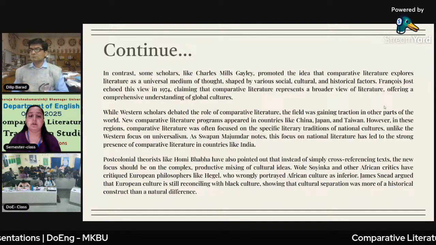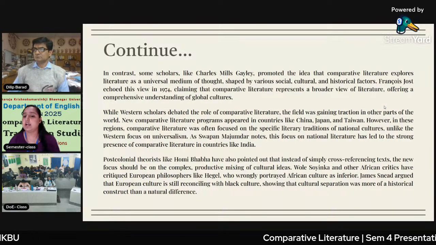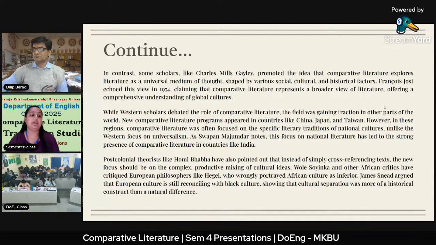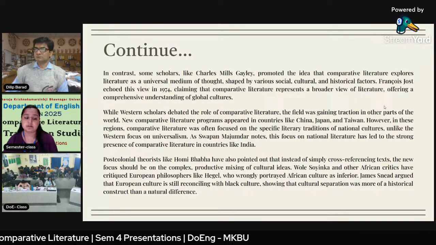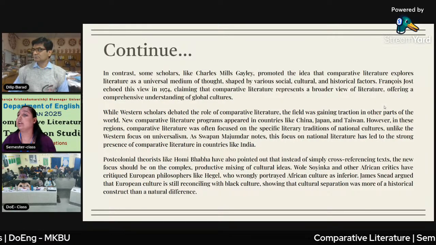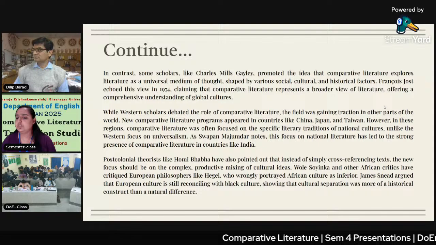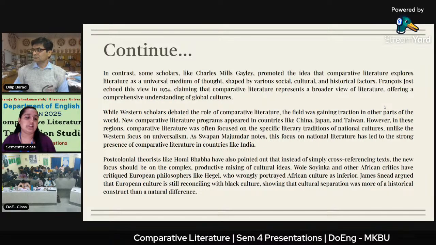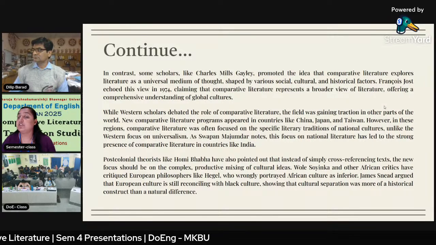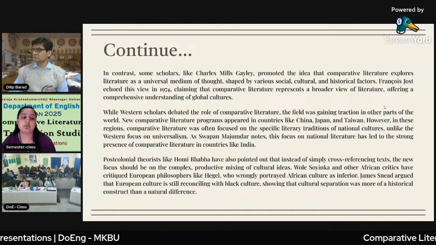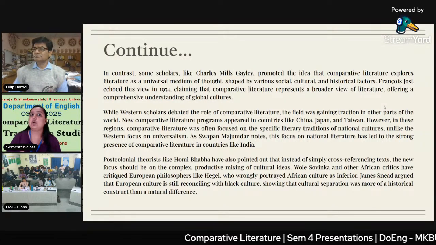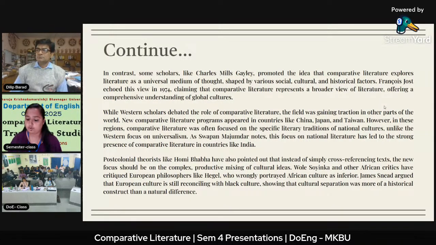In this productive mixing of cultural ideas, Wole Soyinka and other African critics have criticized European philosophers like Hegel, who wrongly portrayed African culture as inferior. James also argued that European culture is still reconciling with black culture, showing that cultural separation was more a historical construct than a natural difference in skin tone or thought process.